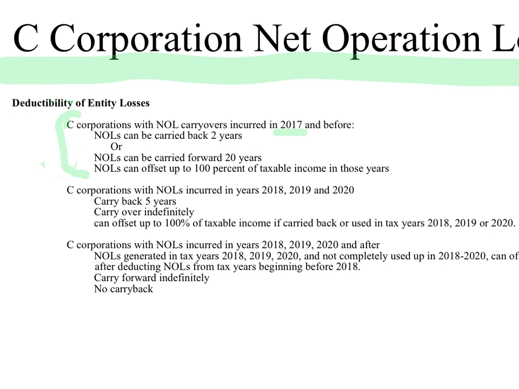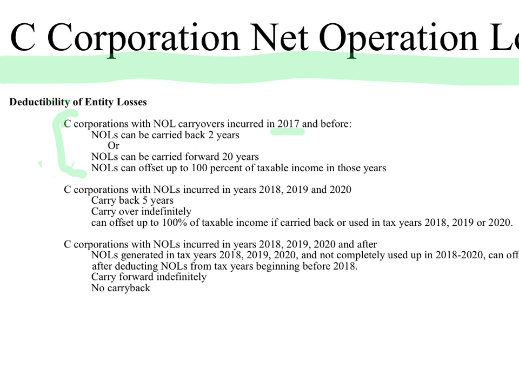And when you carried them forward, you could offset 100% of taxable income in those years. So you had the ability to offset 100% of the taxable income for NOLs that were in existence before 2017 and then in 2017. So this was prior to the Tax Cuts and Jobs Act.